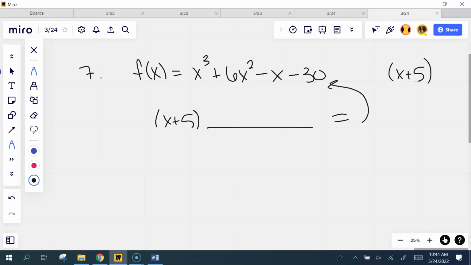How do I find this? I divide it, right? We already said if you divide by one factor, you get the other factor, okay? So the first thing I'm going to do, and if you want to write this in that little column on the left, if I'm factoring given a factor, the first thing that I do is divide by the factor.